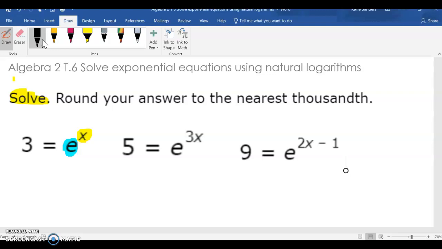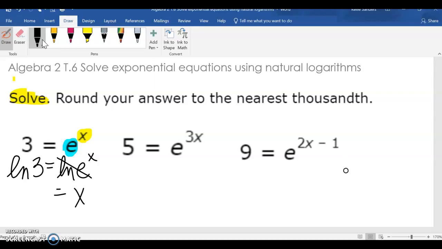And because the bases are e's, natural log undoes the e. So what you're going to do is natural log both sides. And when you do that, the natural log and the e cancel out, and you're just left with the x in this problem by itself.